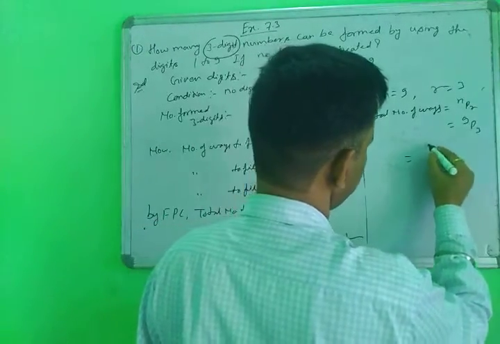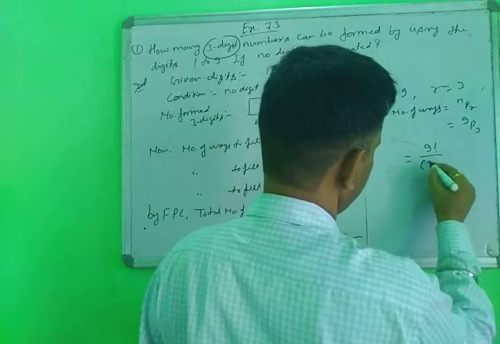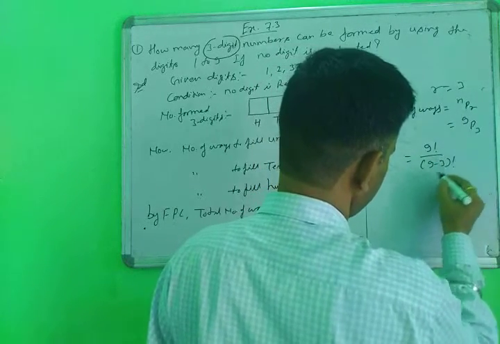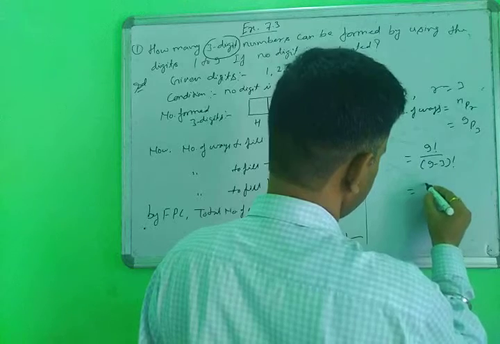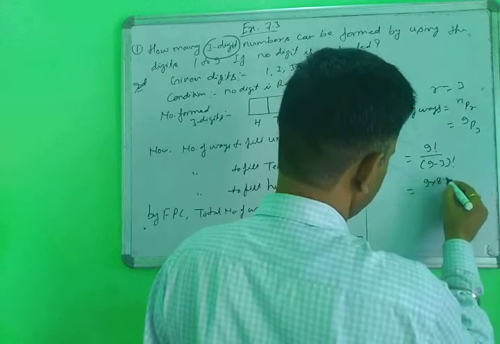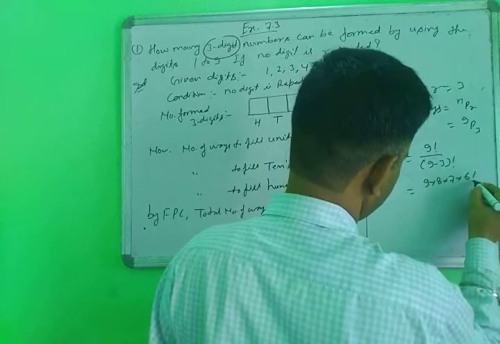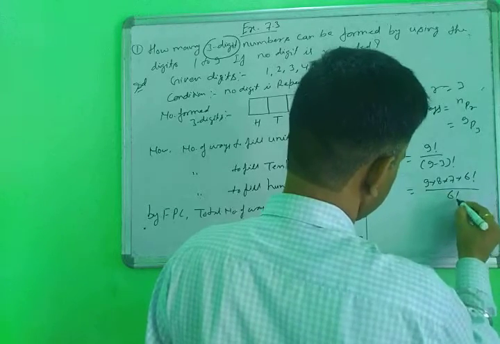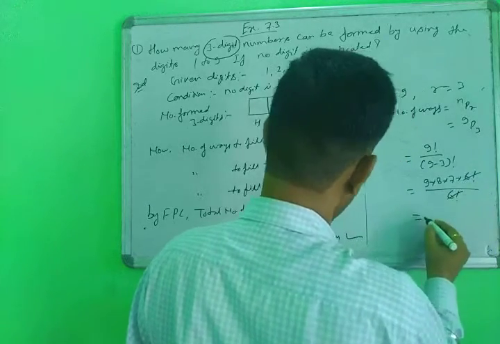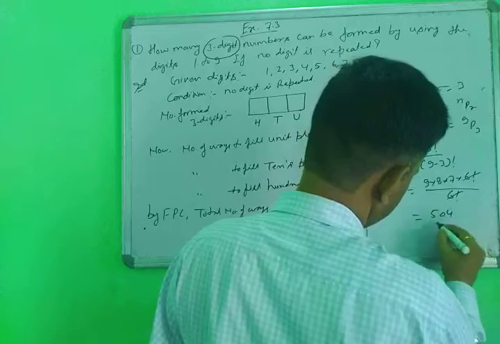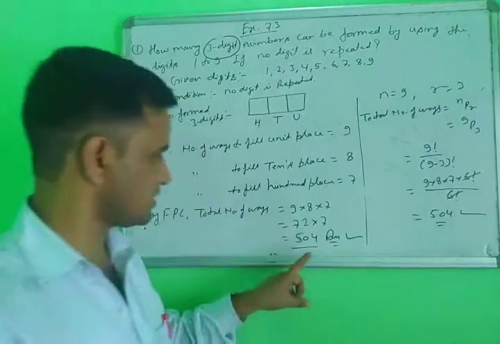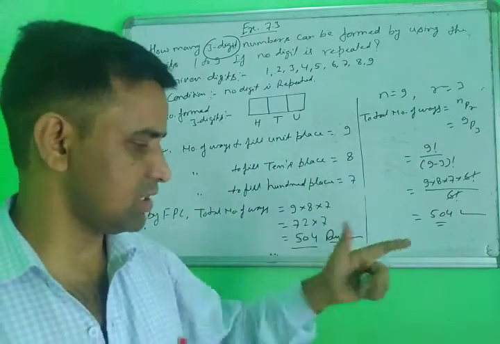It is factorial 9 upon factorial of 9 minus 3. Factorial 9 means 9 into 8 into 7 into factorial 6. Factorial 6 will be cancelled. Here we get 504. Both answers are the same.